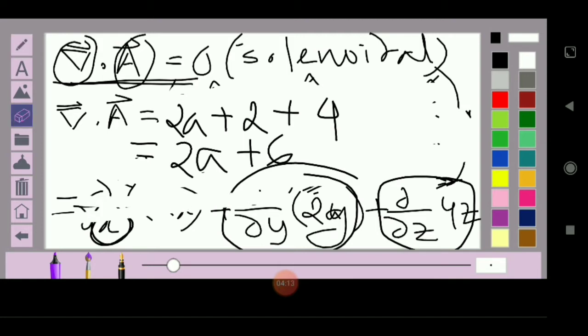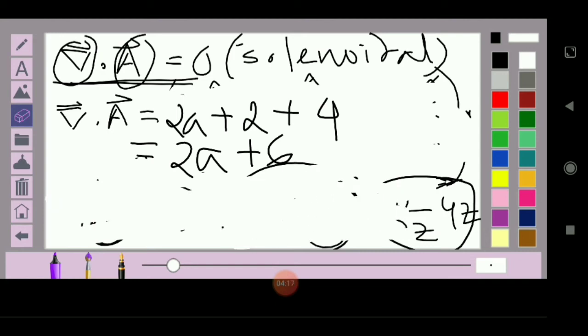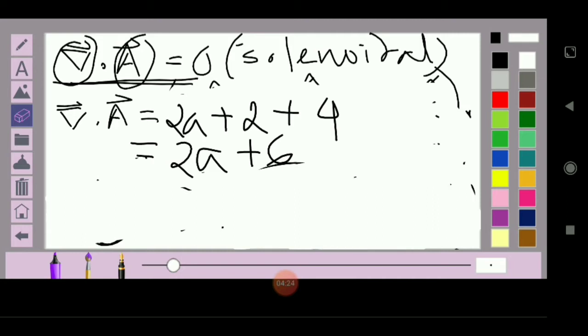Now, as we know, the condition for being solenoidal is del dot A equals 0. So we have to put that expression equal to 0: 2a plus 6 equals 0, right?